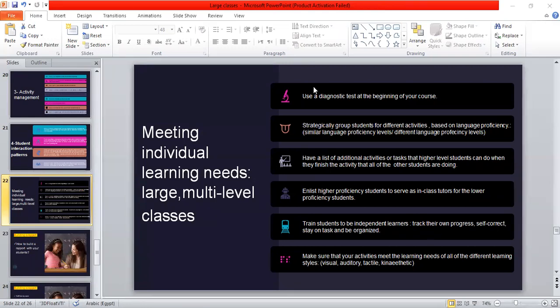And also in large classes, it's very important to get your students to be independent. You can encourage them to correct themselves and to be organized, to be on task.